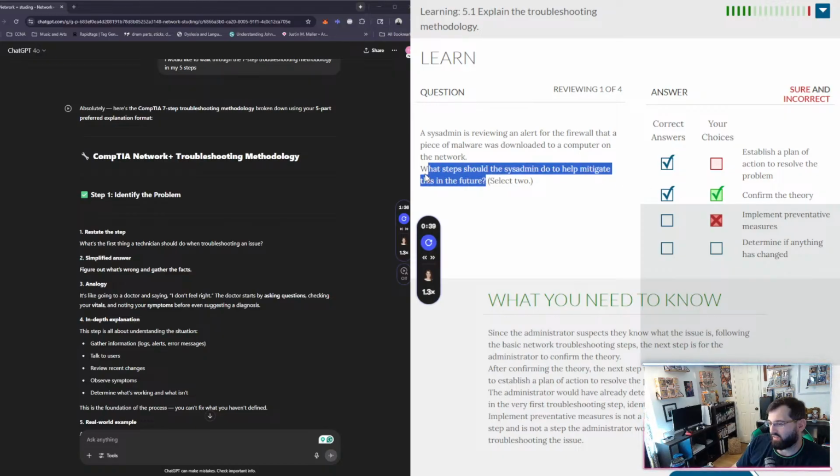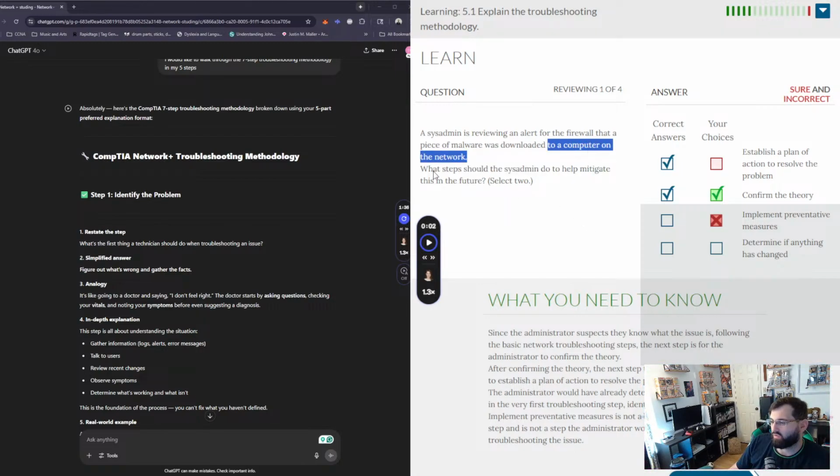This makes it sound like it's super preventative, but I think what it really wants to know is what he's gonna do next. It was downloaded onto the computer on the network. What steps should the sysadmin do to help mitigate this in the future? To confirm the theory, basically, how is he gonna solve this later? Okay. Establish a plan of action to resolve the problem. Confirm the theory. Okay.